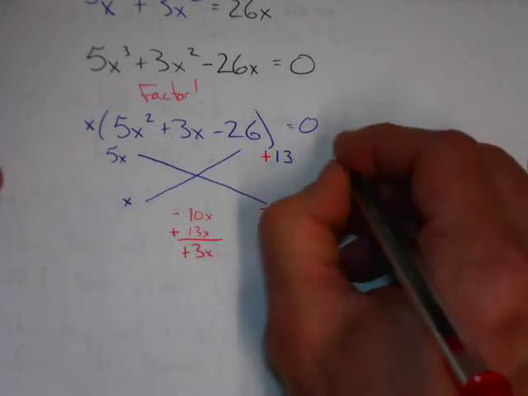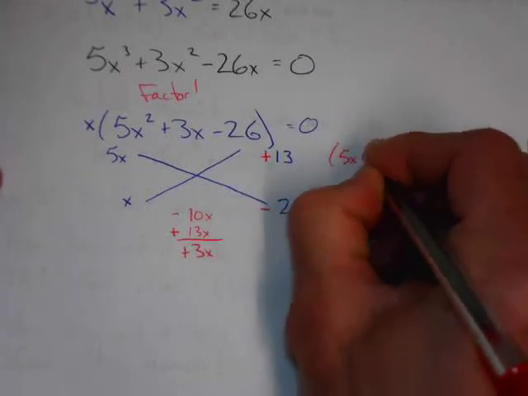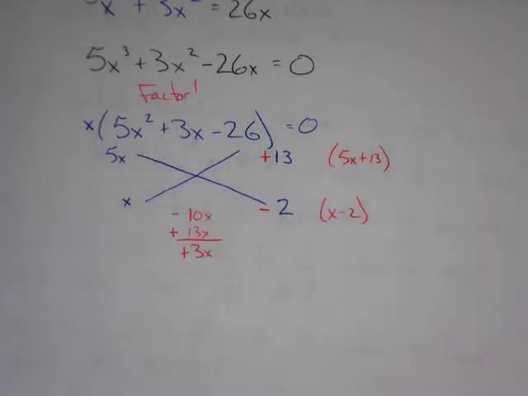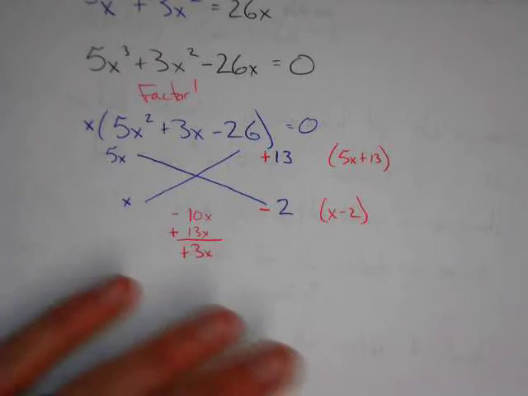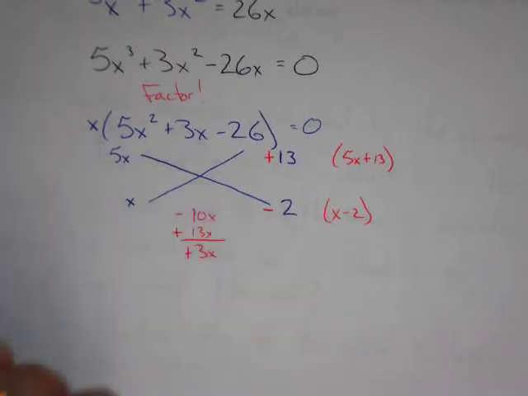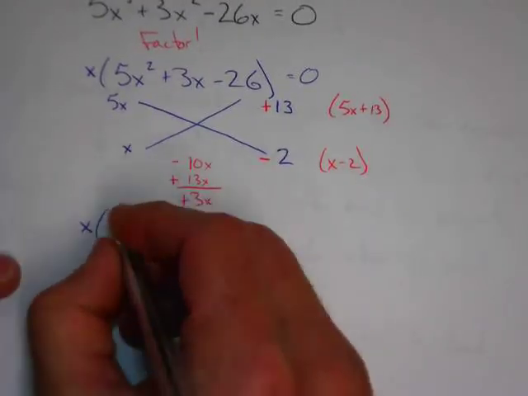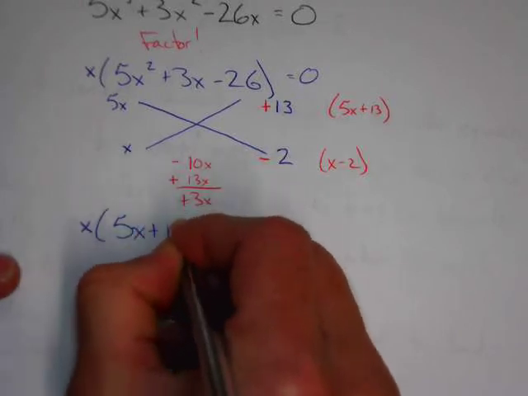So clearly I can see I've got 5x plus 13 here, and then x minus 2 here. So I've now factored it. And again, if any of what I just did is confusing, hit pause to make sure you understand it. If not, go back to the video on factoring trinomials. So now I've completely factored this expression.